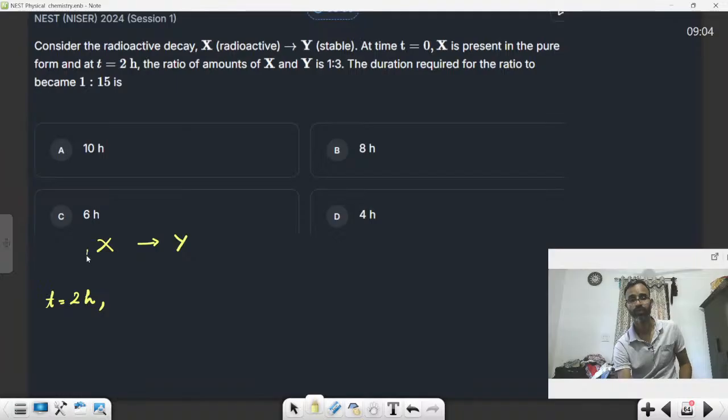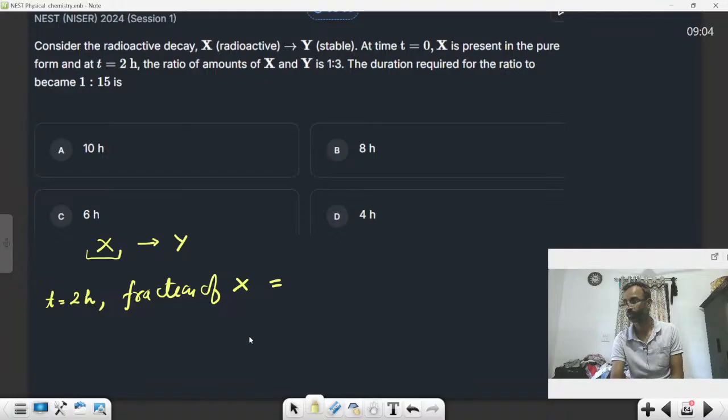So initially, whatever amount of X is present, ratio is 1:3. So what is the fraction of X after time 2 hours?